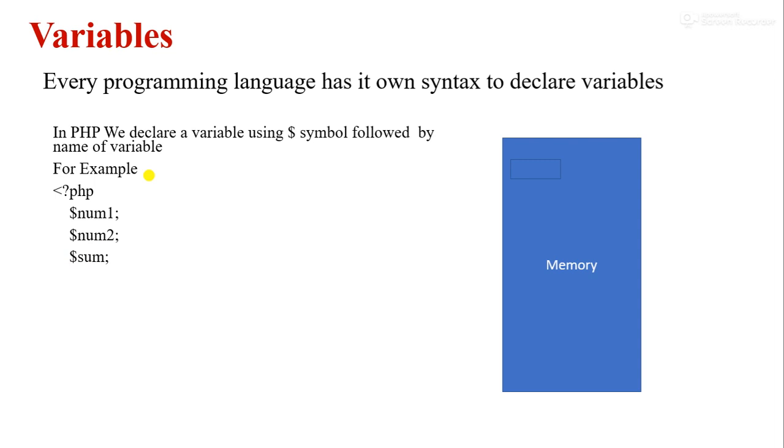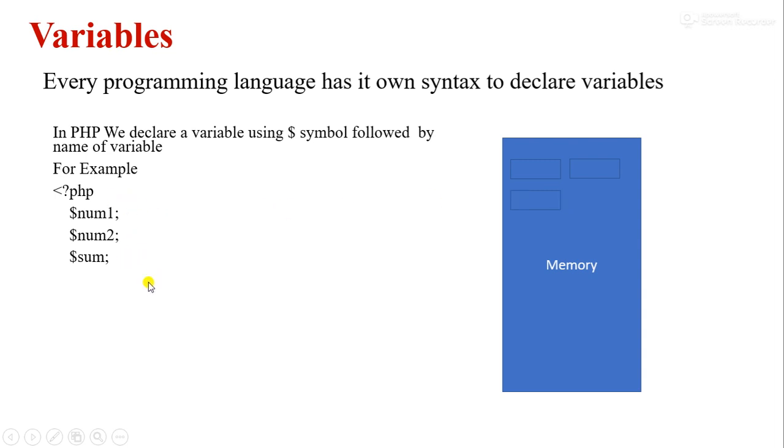While declaring the three variables in memory, the system creates three locations like this. So these three locations are known as variables. The variable is the storage location in a memory. Say this storage location is known as num1, this one is known as num2, and this storage location is known as num3.